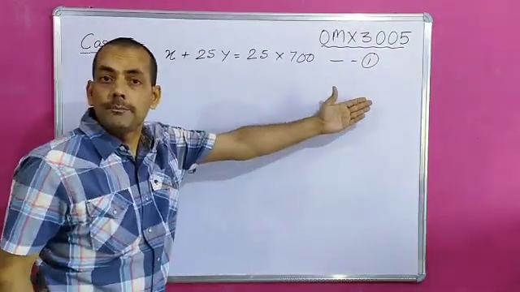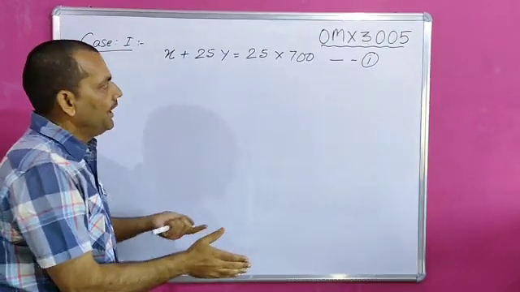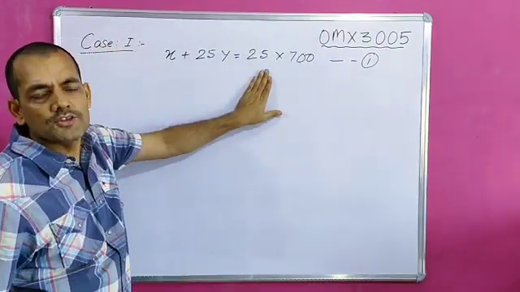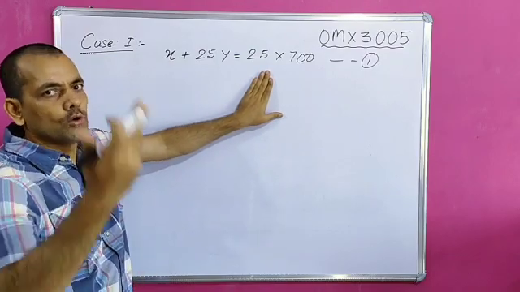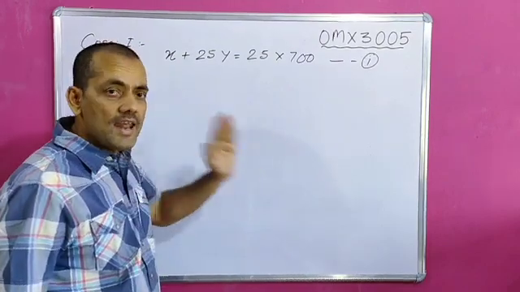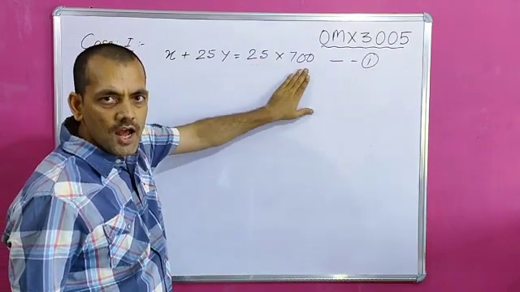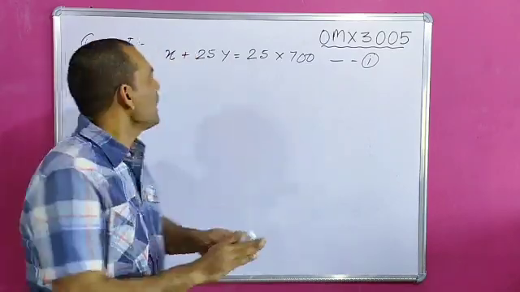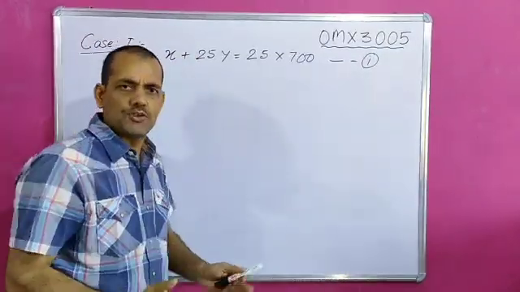Now what does it mean? This means if there are 25 boarders and per boarder cost is 700, then the total cost will be 25 into 700. Whereas this 25 into 700 is in two parts. Part 1 is X, which is fixed cost.